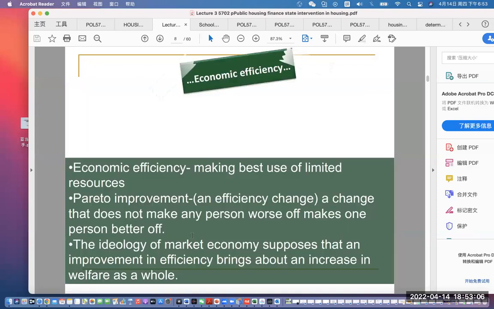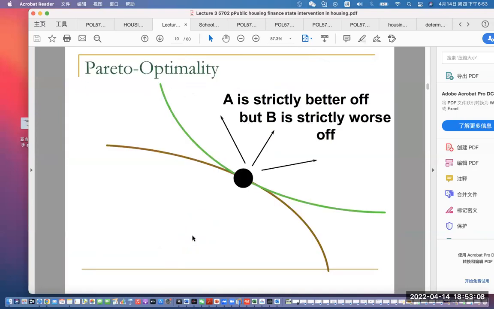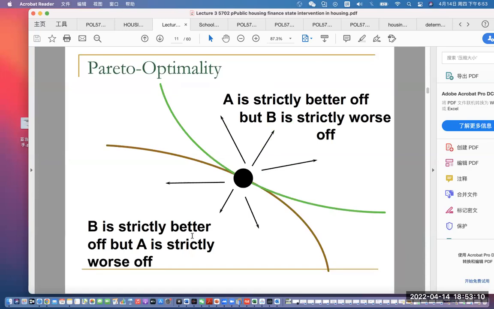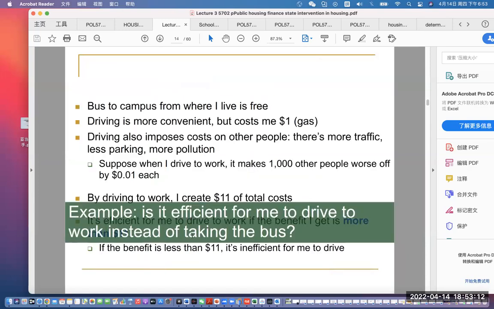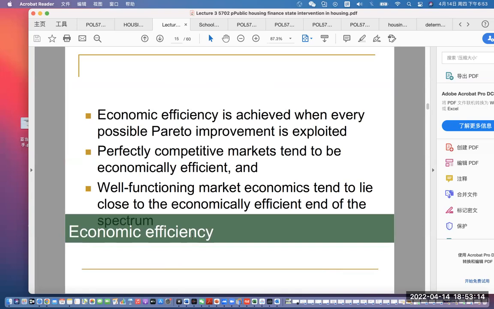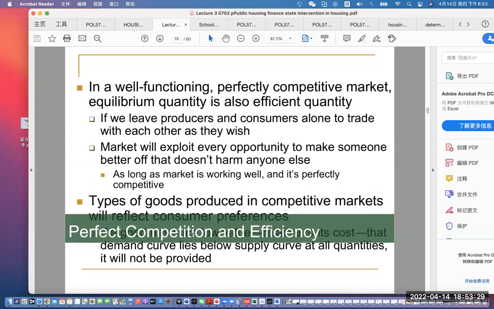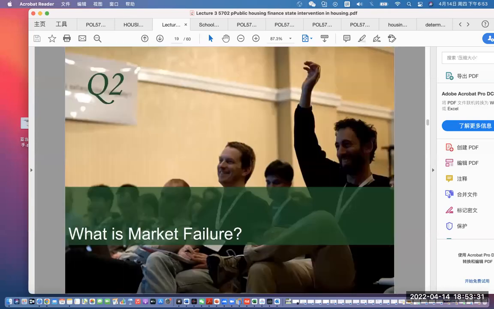We generally study this from Pareto optimality, that's original from the definition. And I use a lot of cases and examples to show you what economic efficiency is. In particular, we have defined that economic efficiency is achieved when every possible Pareto improvement is exploited. So that is how we do it, and the perfect market.